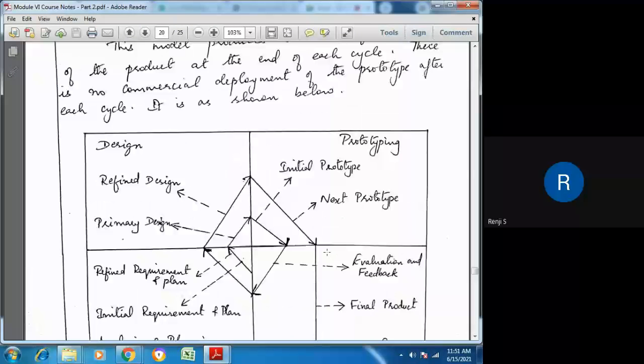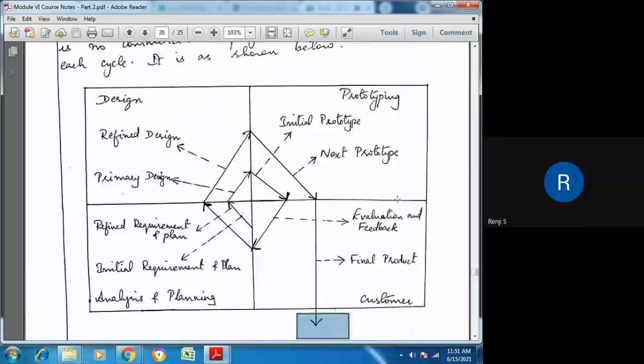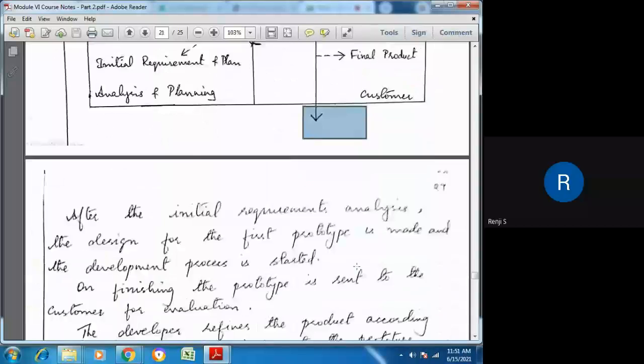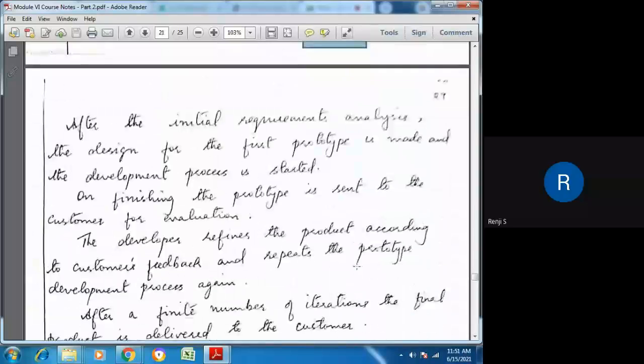So this is the prototyping or evolutionary model, where a prototype of the product is developed during each cycle, and then it is given to the customer for evaluation and feedback. Once all functionalities have been built into the product and the customer is satisfied, it exits the loop. So this is about the prototyping model.